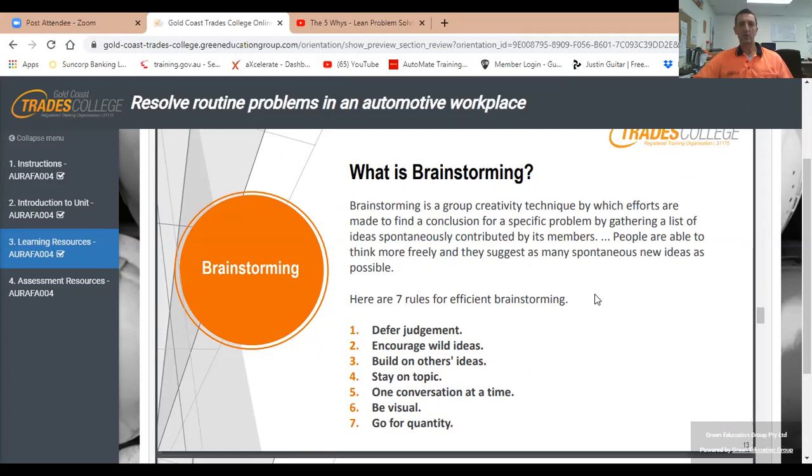So people are able to think more freely, and they suggest as many spontaneous new ideas as possible. Brainstorming is about getting everybody's input and coming up with a whole bunch of ideas. So, 7 rules for efficient brainstorming. First one would be deferred judgment.